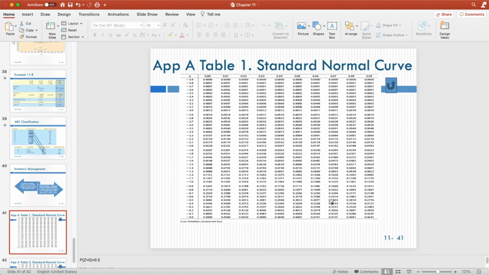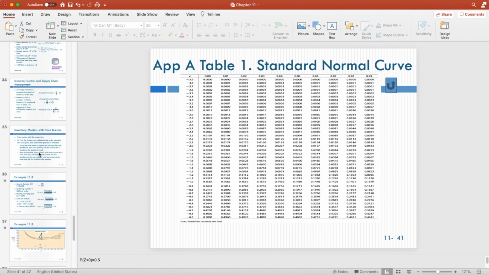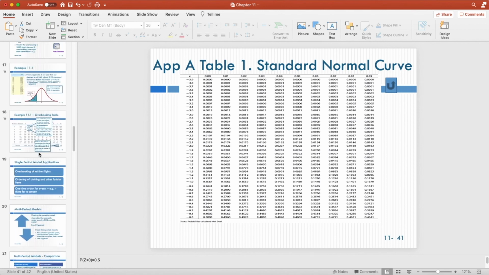It's similar to 0.28443. This is the closest number. If you look at the corresponding row, it's negative 0.5. If you look at the column, it's 0.07. So at the intersection, it should be negative 0.57.